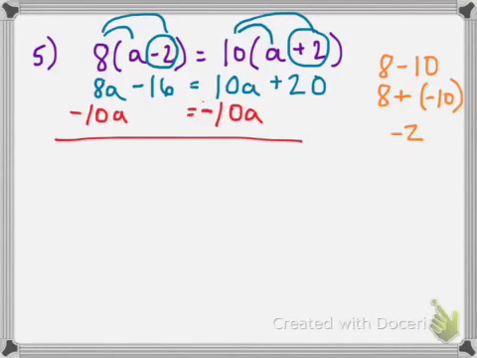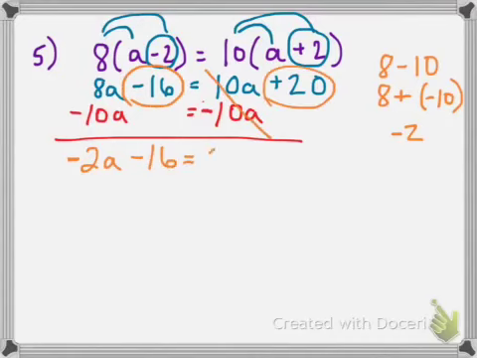I keep my negative sign because negative 10 has a greater absolute value. So negative 2a, bring down my entire minus 16 equals, these will cancel out, so I'm left with positive 20, so equals 20. And then I get rid of my constant, so add 16 to both sides.